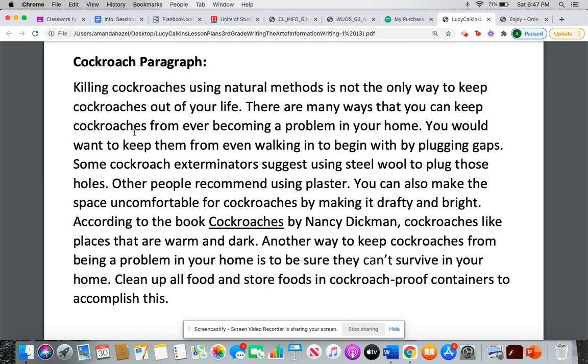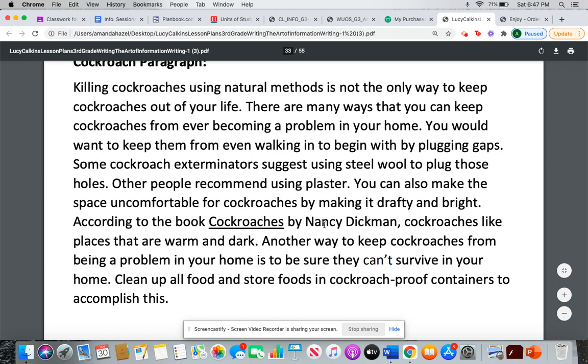There are many ways that you can keep cockroaches from ever becoming a problem in your home. You would want to keep them from even walking in to begin with by plugging gaps. Some cockroach exterminators suggest using steel wool to plug those holes. Other people recommend using plaster. You could also make the space uncomfortable for cockroaches by making it drafty and bright.